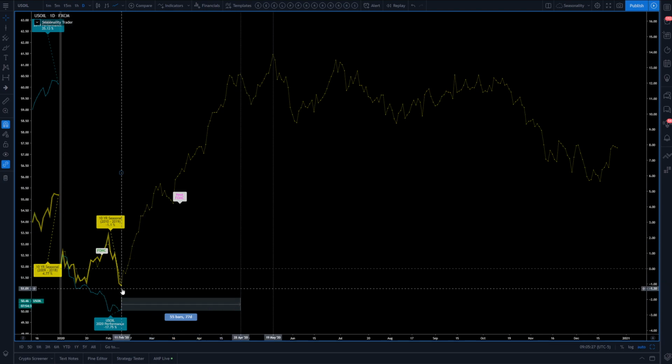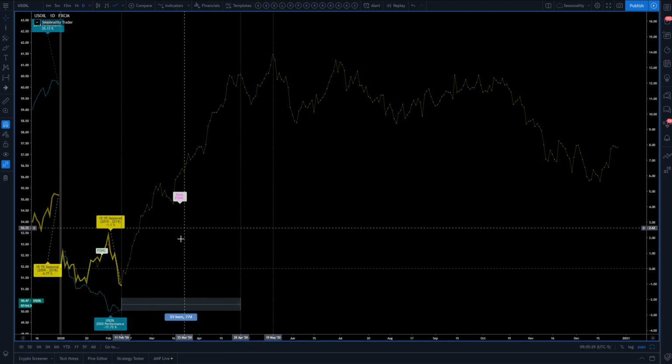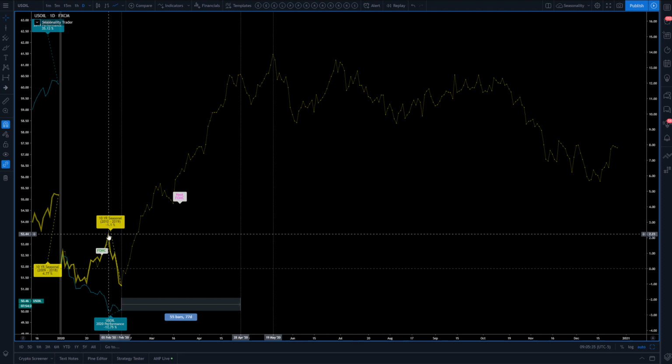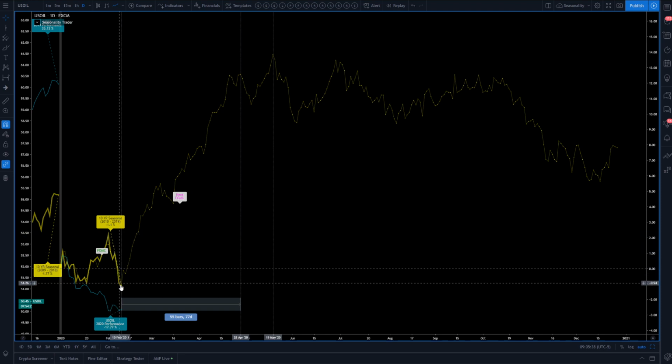So that's one of the reasons why I'm going long oil here, and you see that in the seasonal profile, there is actually a big sell-off that starts in early February and lasts until maybe a week or so.